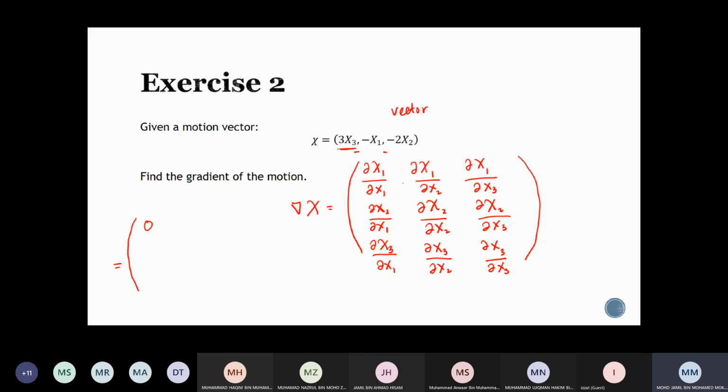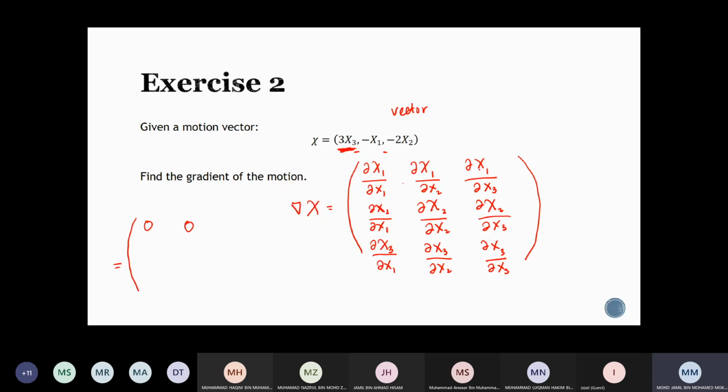Second one, del chi1 with respect to del x2. In the first element, you only have x3, there is no x2. To differentiate with respect to x2, you assume the other variables as constant. So 3x3 is a constant, differentiate with x2, you get 0.